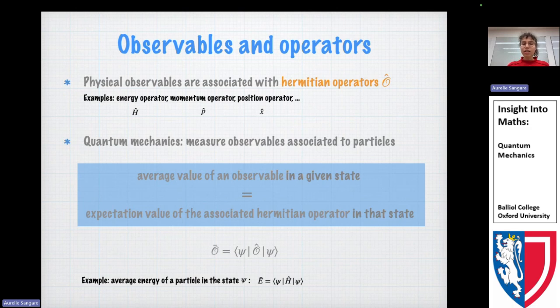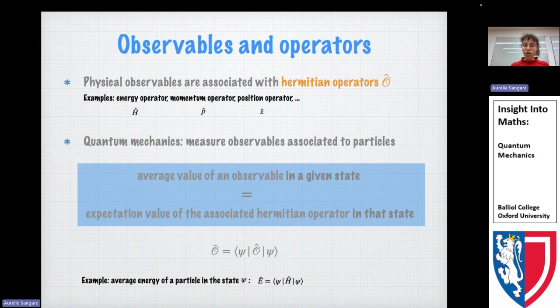And in quantum mechanics, the average value of a physical observable in a given state is equal to the expectation value of the associated Hermitian operator in that state. And here really I want to emphasize that we say in a given state. So the quantum state of your particle is described by psi, and the average value of your observable could change depending on which quantum state your particle is in.